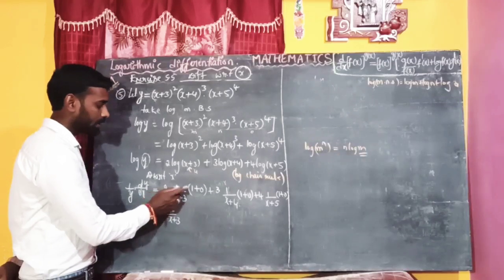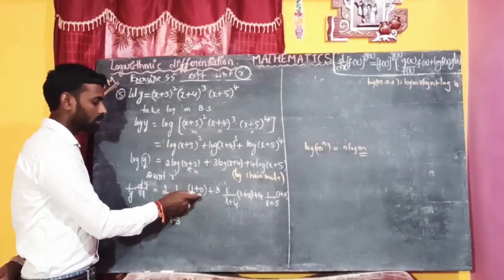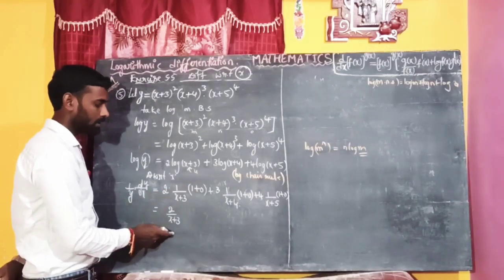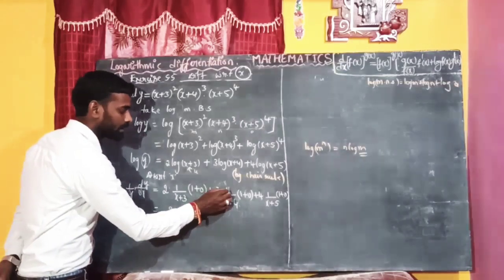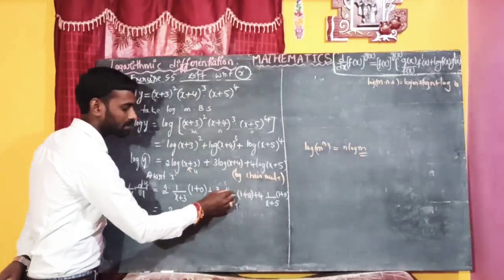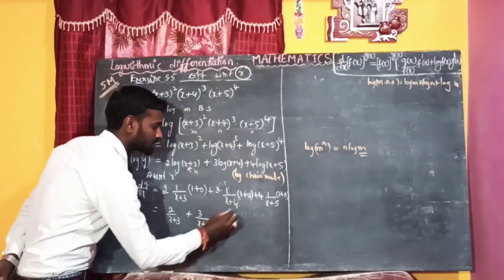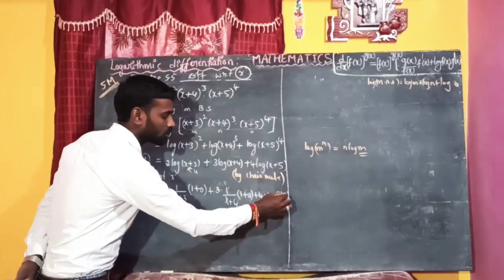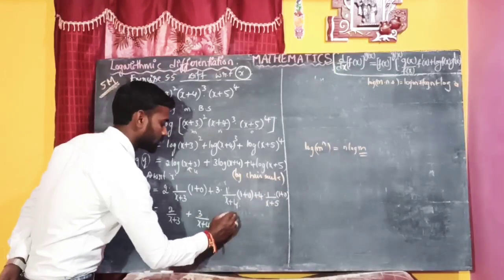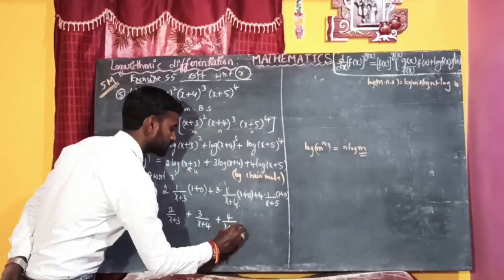That is 2 into 1 into 1 means 2 by x plus 3, plus 3 into 1 means that is 3 by x plus 4, plus 4 into 1 plus 0 means that is 4 by x plus 5.